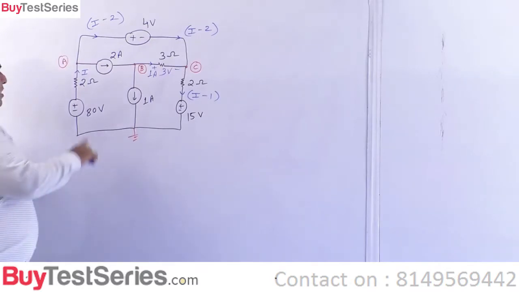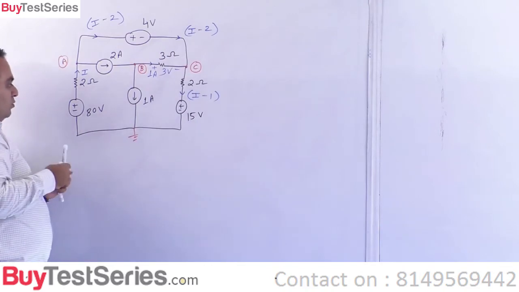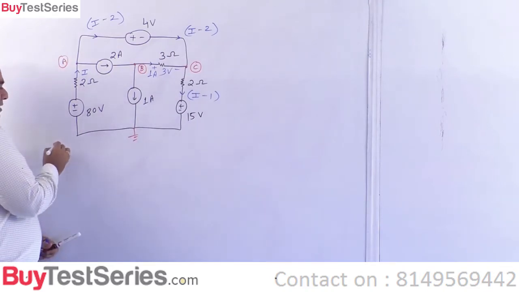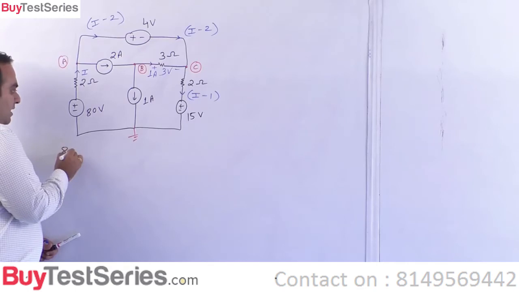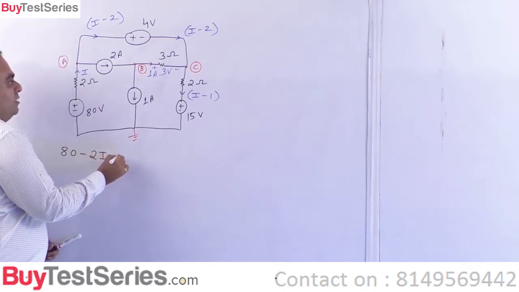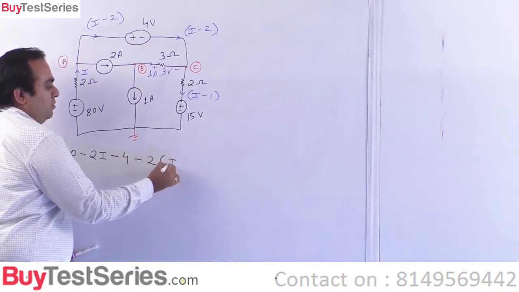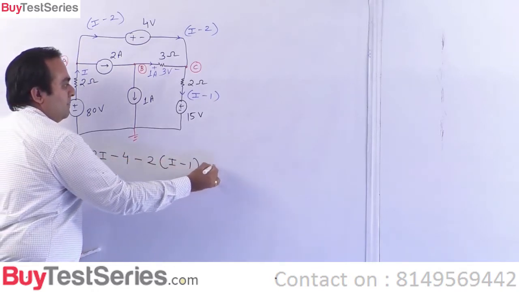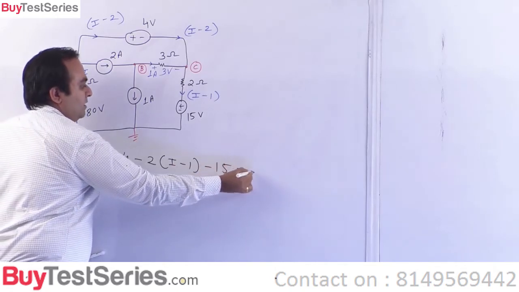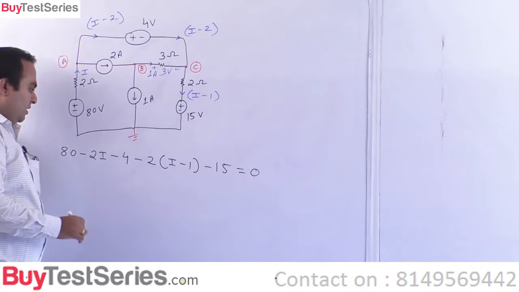Alright, now let us take this outer loop. So when you take this outer loop, what do you get? 80 minus 2I minus 4 minus 2(I minus 1) minus 15 is equal to 0. Is this okay?